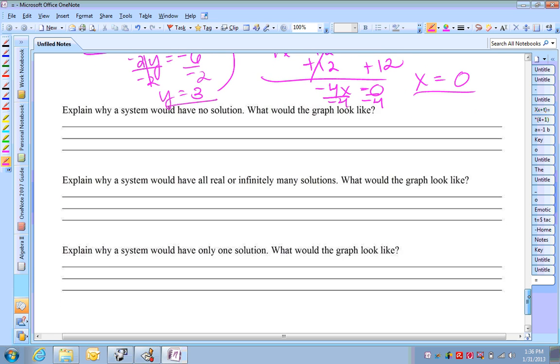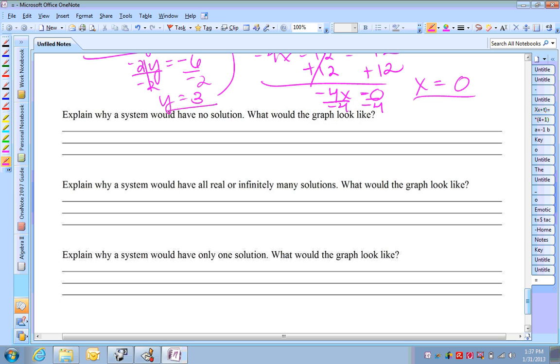All right, the last couple of problems. It says explain why a system would have no solution, and what would the graph look like? A system would have no solution if the system contains lines that do not intersect.